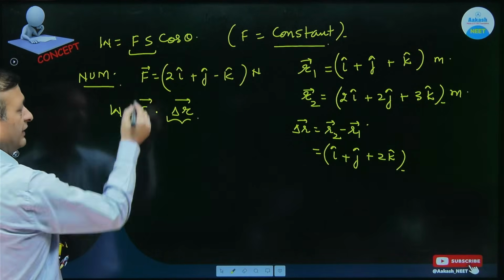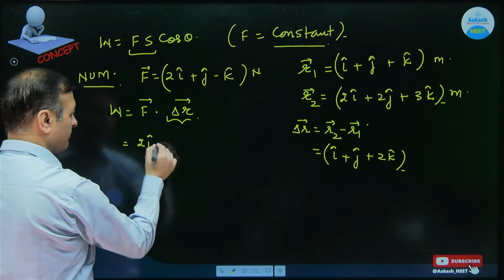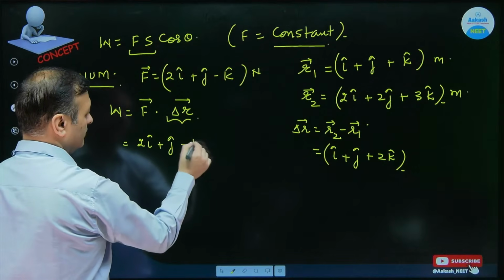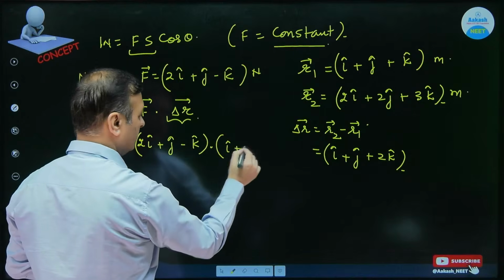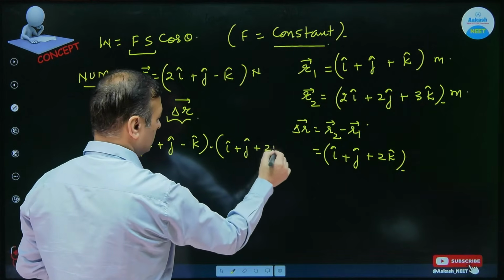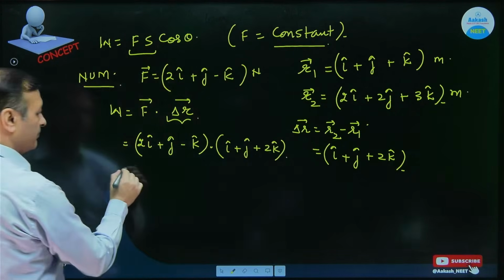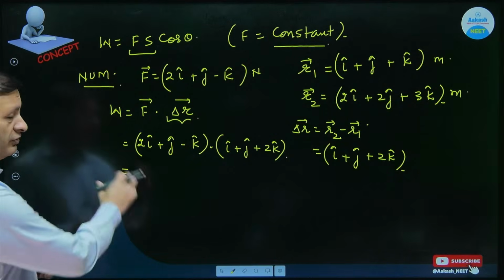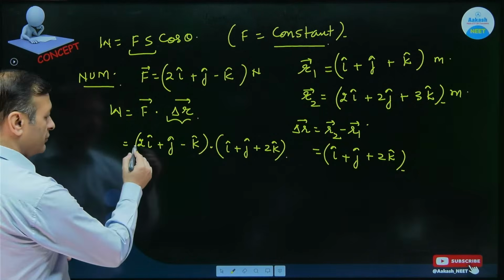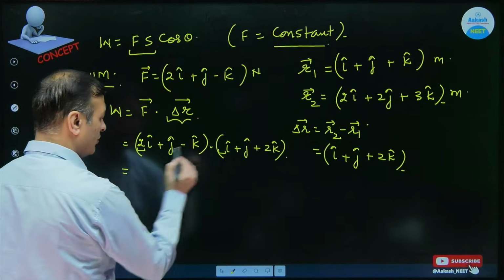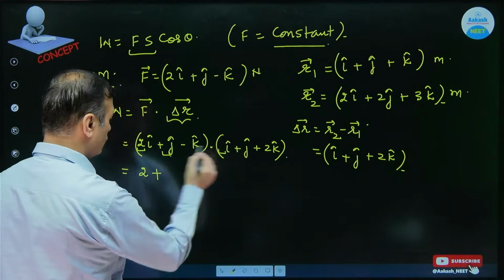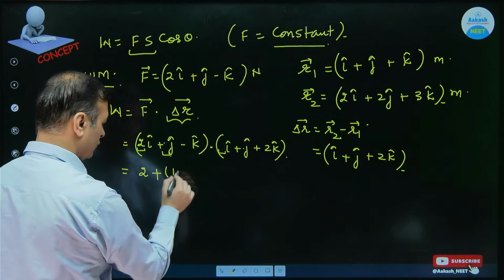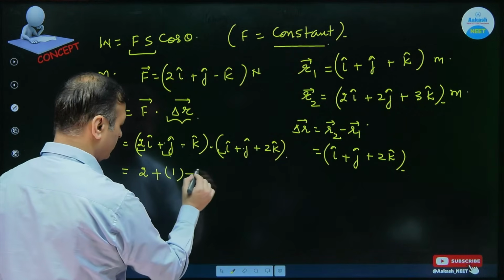So now let's define the dot product. This is 2i cap plus j cap minus k cap dot i cap plus j cap plus 2k cap. Got it? Now this is simply a dot product. 2 times 1 gives you 2, 1 times 1 gives you 1, minus 1 times 2 gives you minus 2.